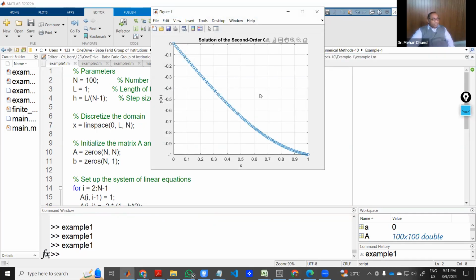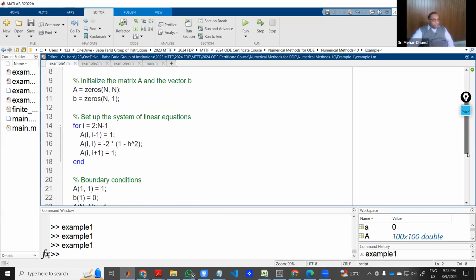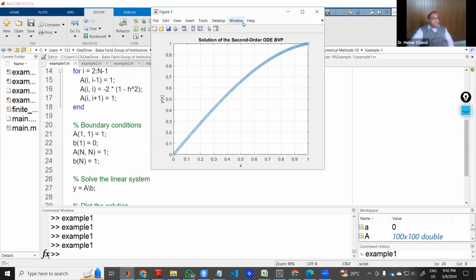So in this way we can easily find out the solution. I think there is one problem, and the problem is with bn. The right boundary is 1.